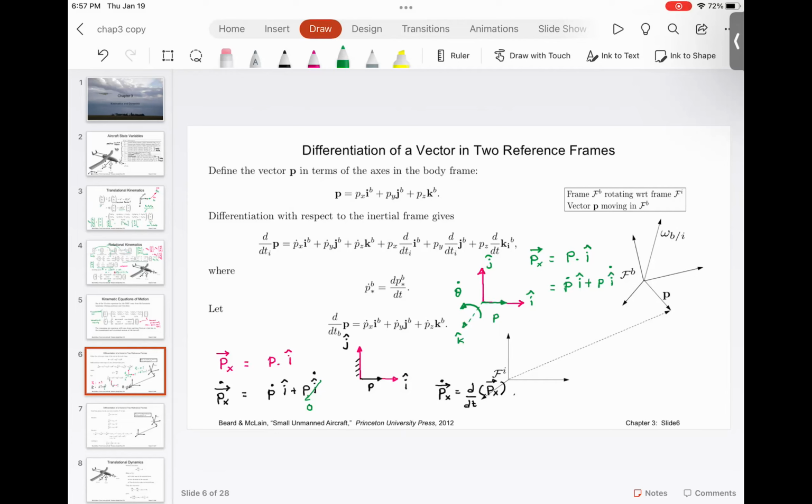Are you with me? I agree with the first term because the length of the vector could be changing. What about the second term?